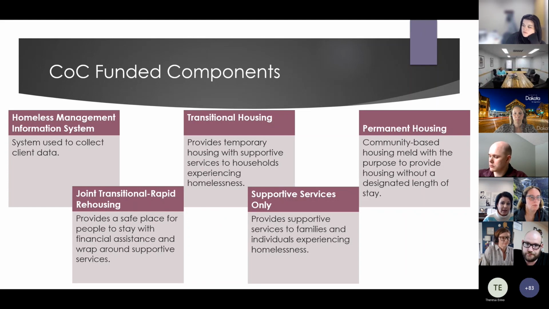And then the second type is rapid rehousing, and that provides short to medium term rental assistance: short term is 0 to 3 months, and medium term can be anywhere up to 24 months. And again, supportive services should always be included in this, but that is based on what the client wants.